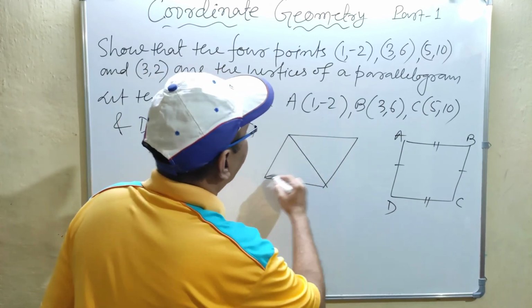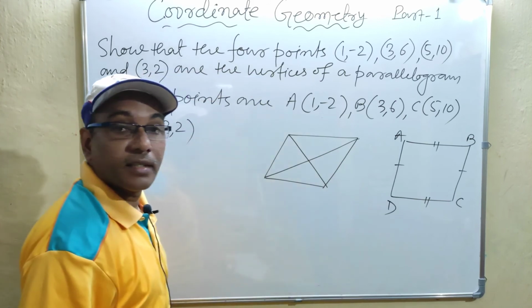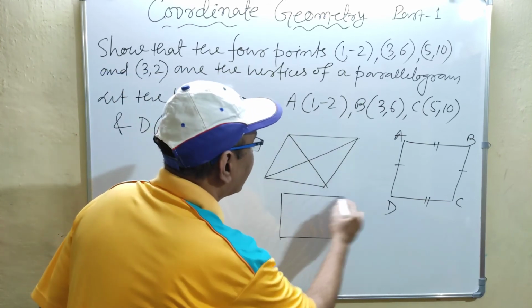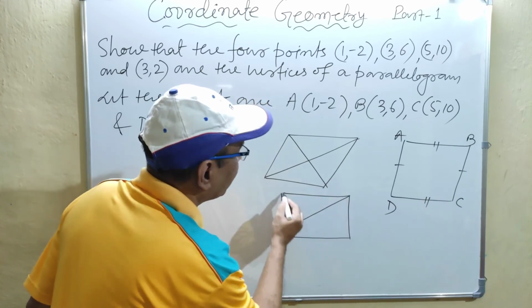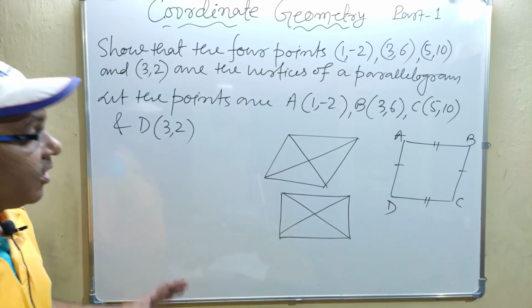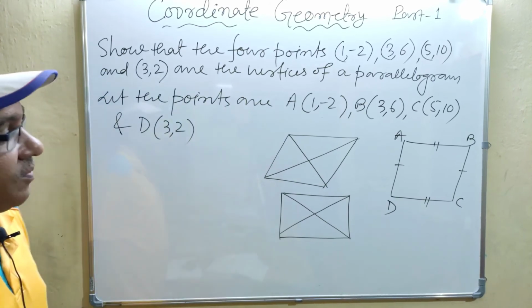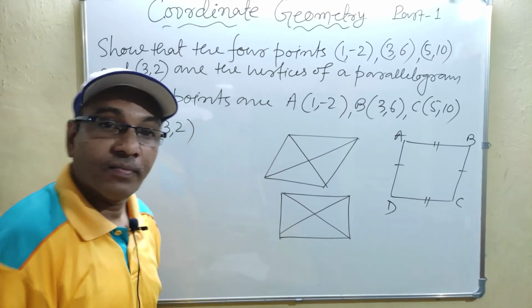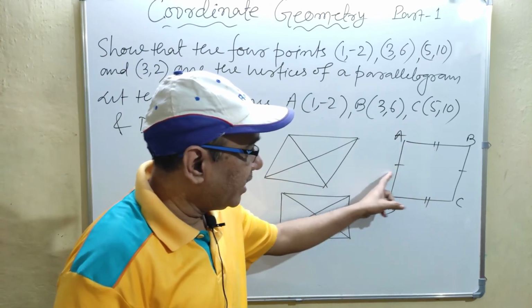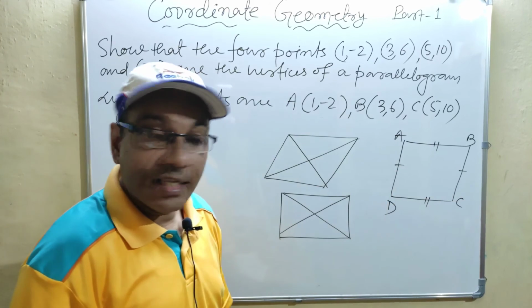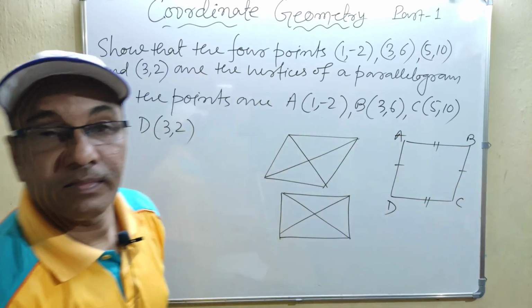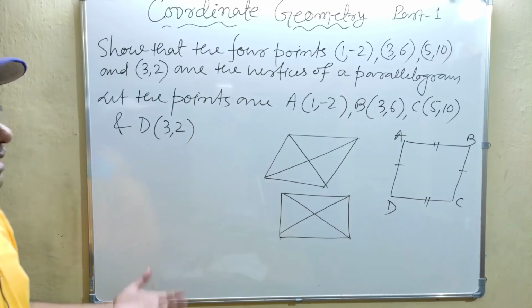In a parallelogram the lengths of the diagonals are not equal. But in the case of a rectangle, the two diagonals have the same length. So in order to show ABCD are the vertices of a parallelogram, first of all you show AB equal to CD and AD equal to BC. Secondly, you show diagonals AC and BD are not equal. If equal, then it becomes a rectangle.